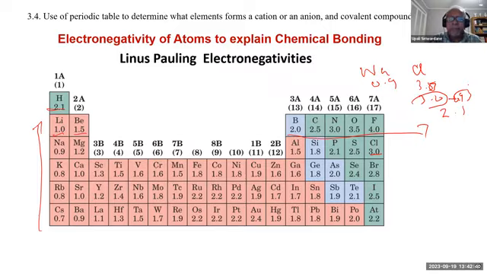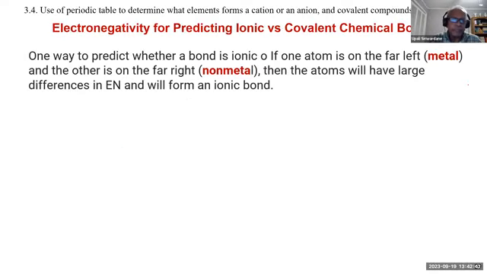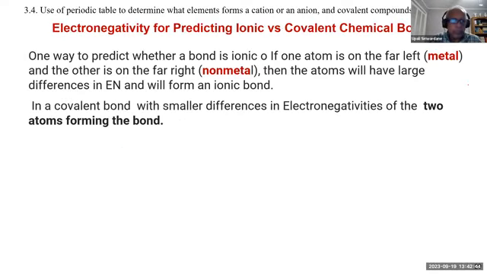Let's look at it. One way to predict whether a bond is ionic or covalent is to use electronegativity difference.